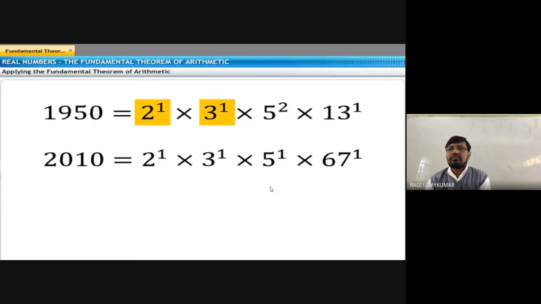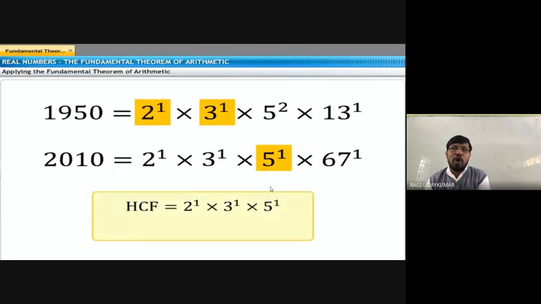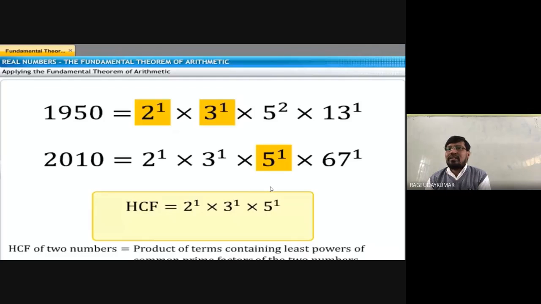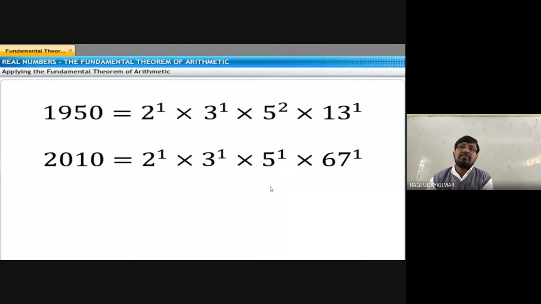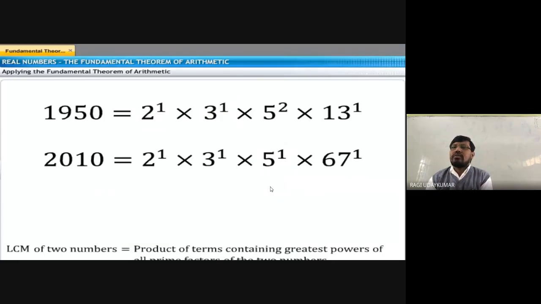Most students get confused here. The HCF of any two numbers, the highest common factor, will normally be the smaller number, so the smallest powers of the common primes should be taken. 2 power 1 is present in both, so 2 power 1. 3 power 1 is present in both, so 3 power 1. 5 power 1 is there in one and 5 power 2 in the other, so 5 power 1 should be taken. And 13 should not be taken. So when finding the HCF, only the common primes should be taken into consideration.